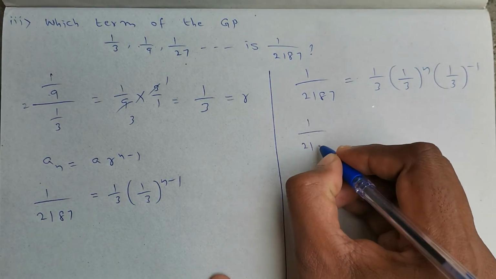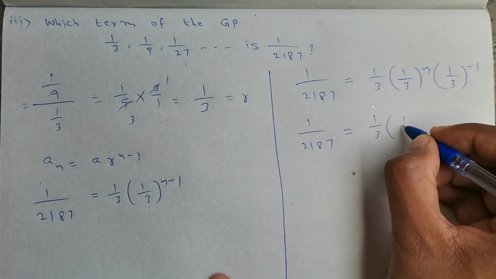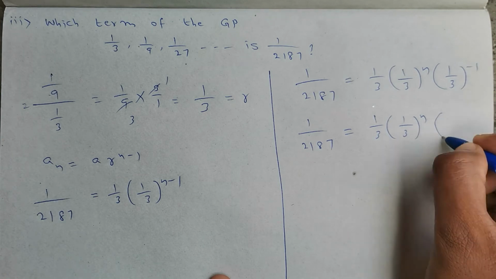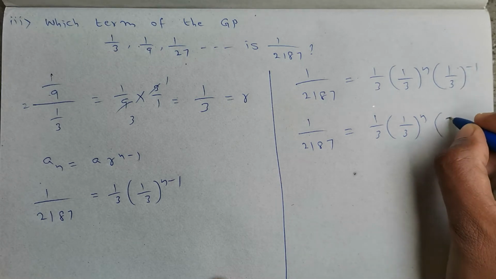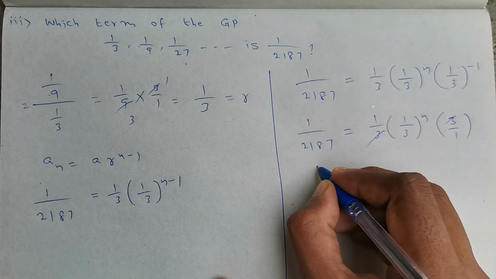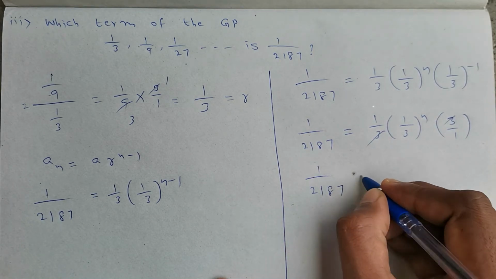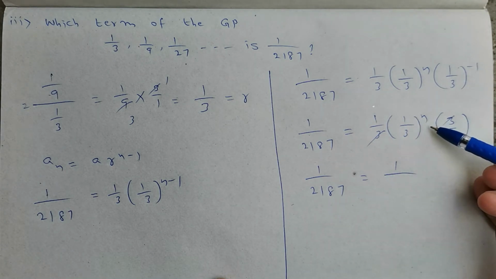So 1 by 2187 is equal to 1 by 3 into 1 by 3 whole power n into 1 by 3 whole power minus 1. The power is negative, so it will become the reciprocal. 1 by 3 will become 3 divided by 1. Here 3 will get cancelled, so we remain with 1 by 2187 is equal to 1 by 3 whole power n.